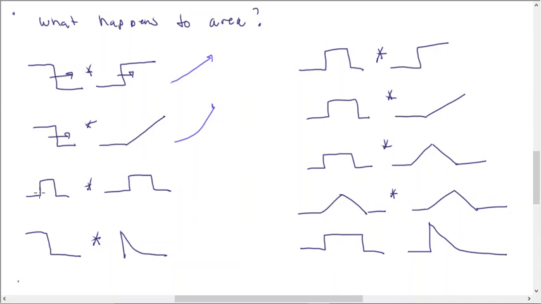Here, this starts and ends at 0. This starts and ends at 0. And so I'm going to go up and come back down, right? Now, when I have a step, reverse step, with the impulse response of a low-pass filter, right?